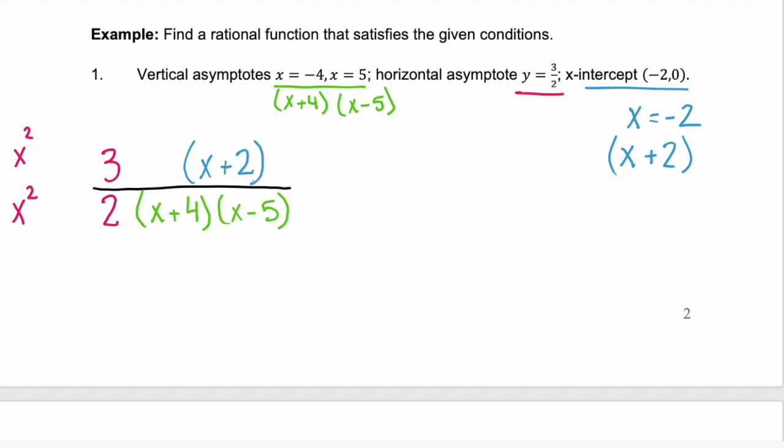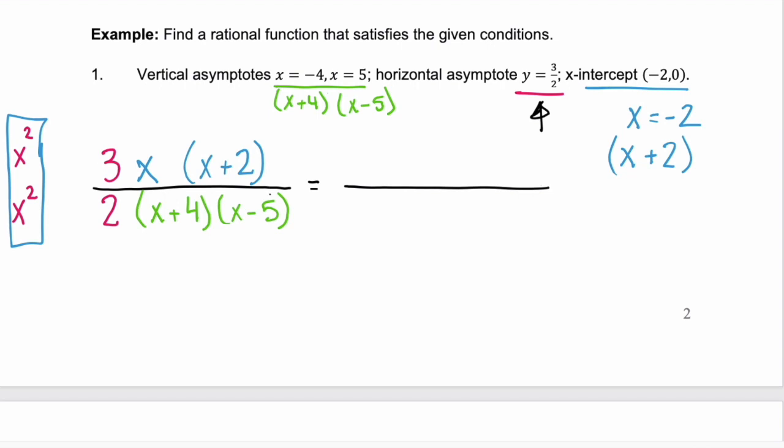Okay, so notice our numerator. We have x plus 2, which at this point, with that leading coefficient of 3, is 3x plus 6. That doesn't give us the much needed x squared. So we need to throw in another x in that numerator in order for the degree of the numerator and the denominator to be the same, which is required with that horizontal asymptote.